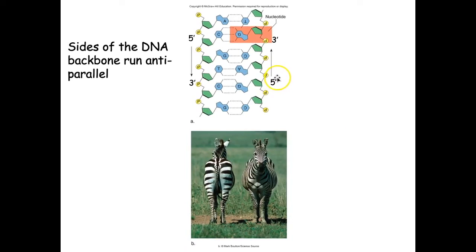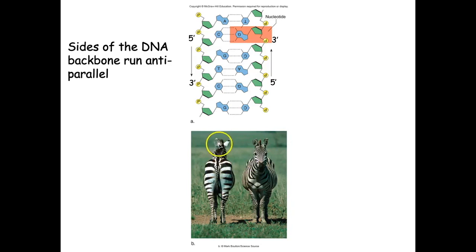Because of this 5 prime to 3 prime on one side, the other side is going to be 3 prime to 5 prime, and we say that the backbones of the DNA run anti-parallel. A way to think about this is that they run head to butt.